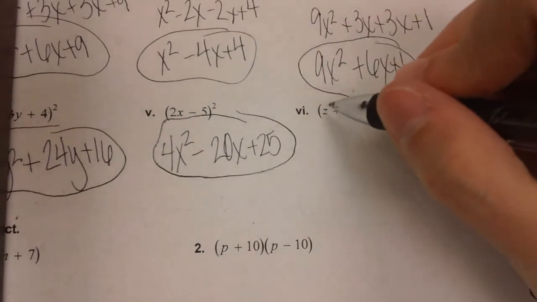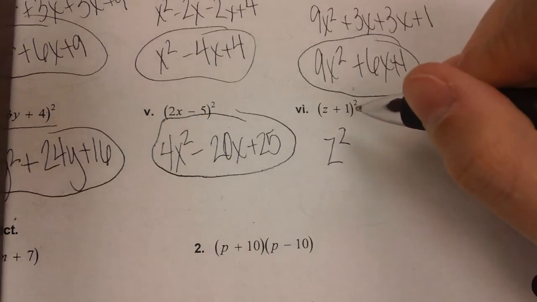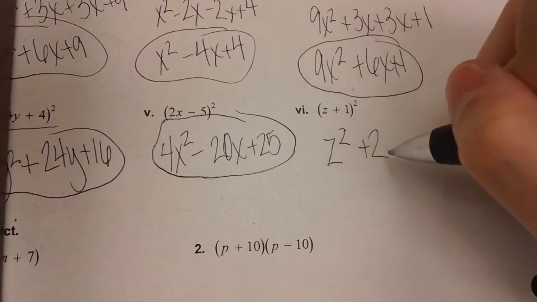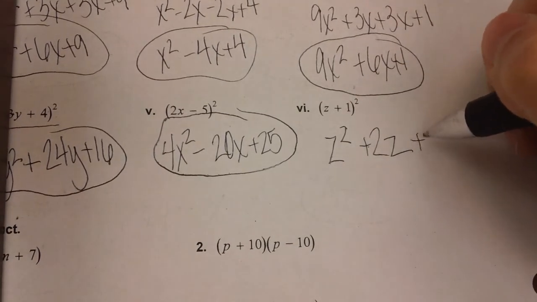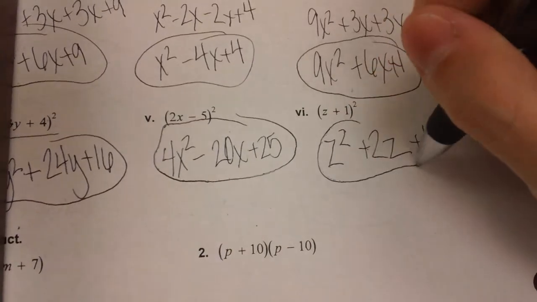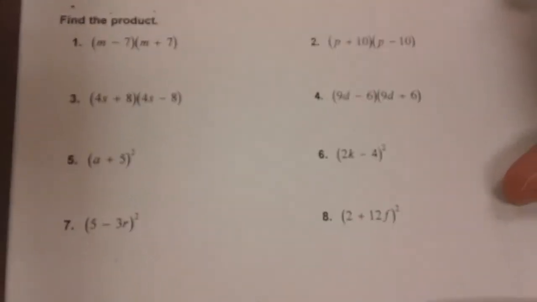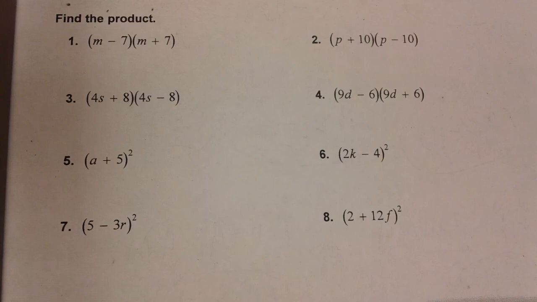And the last one, z squared. 1 times z is 1z times 2 is 2z. This is a plus, so this is a plus. And 1 times 1 is 1. Again, if you FOIL that out or use a table, it should come out to the same answer. So go ahead and try 1 through 9 for your homework assignment, and have a great night.